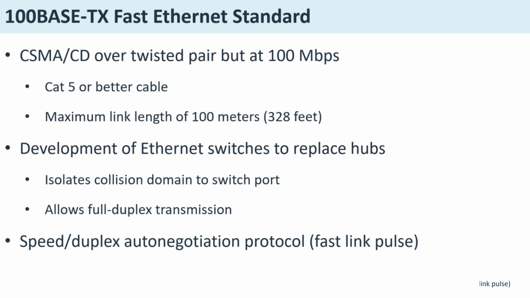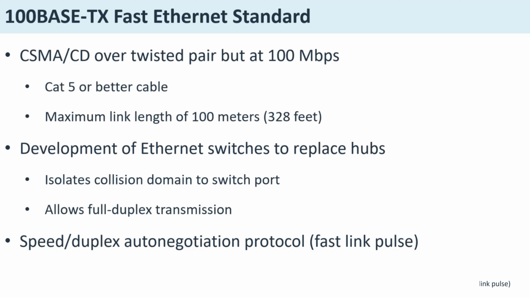Okay, so we have the 100BASE-TX Fast Ethernet standard. The Fast Ethernet standard uses the same CSMA/CD protocol as 10BASE-T, but with higher frequency signaling and improved encoding methods, raising the bit rate from 10 megabits per second to 100 megabits per second. 100BASE-TX refers to Fast Ethernet working over Cat5 or better, Cat5e, Cat6, and so on, twisted pair copper cable with a maximum supported length of 100 meters, 328 feet.